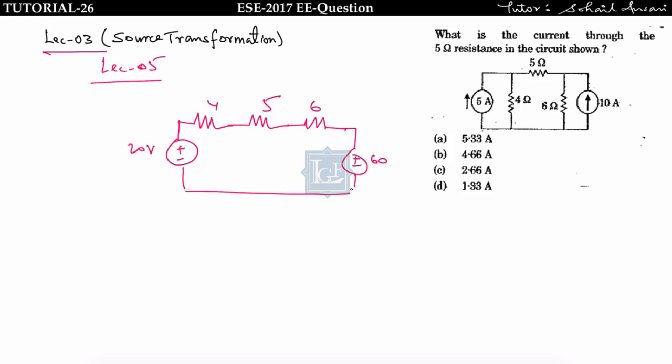So overall the current I is equal to 60 minus 20, that is 40, divided by 6 plus 5 plus 4, that is 15. This will be equal to 2.66 ampere. See here, the direction of current is not given across 5 ohms, so you can take the current as positive. So the answer would be 2.66.